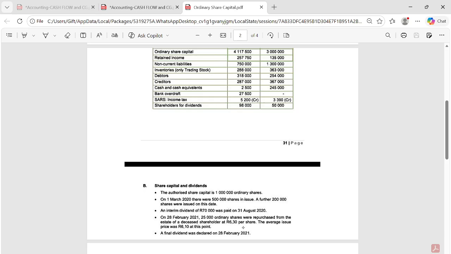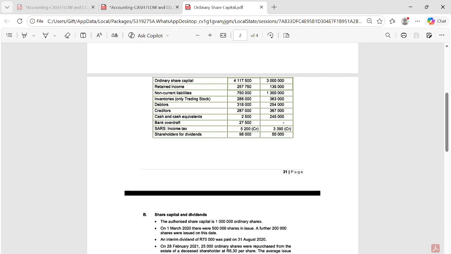Another thing, guys, that you need to be aware of, you have to be smart. If you're given a trial balance and you see that you have both balances for ordinary share capital, you know that you can just take this amount and put it under amount. We'll assume here is the beginning of the year and here is the end of the year, because I think I cut off some information.